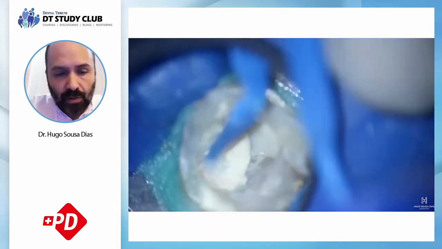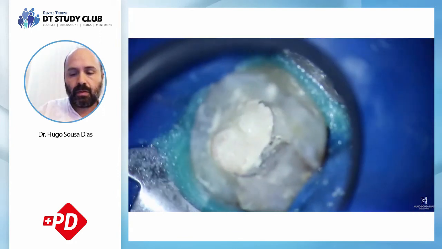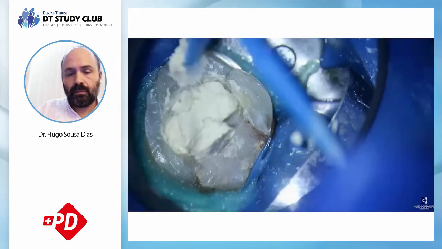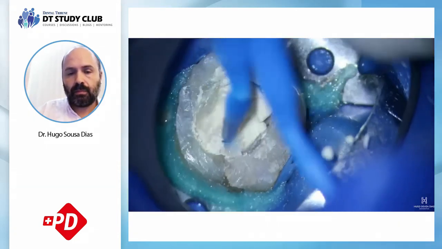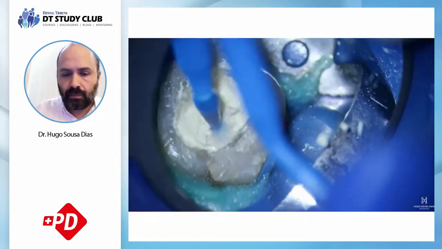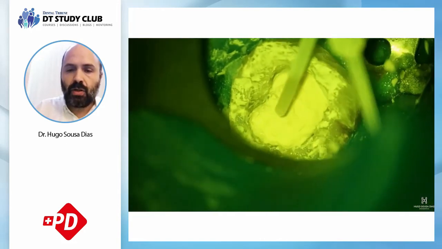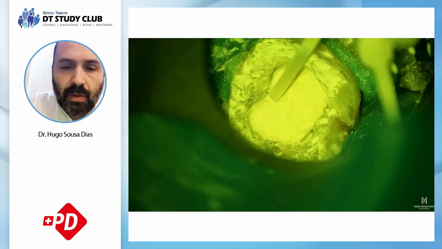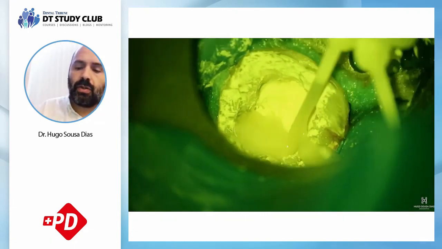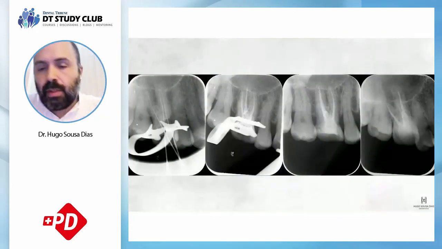I use my microbrush to make the vertical condensation of Biodentine. And I finish the core with Relyx from 3M to make the core of the tooth and the preparation for a provisional crown.